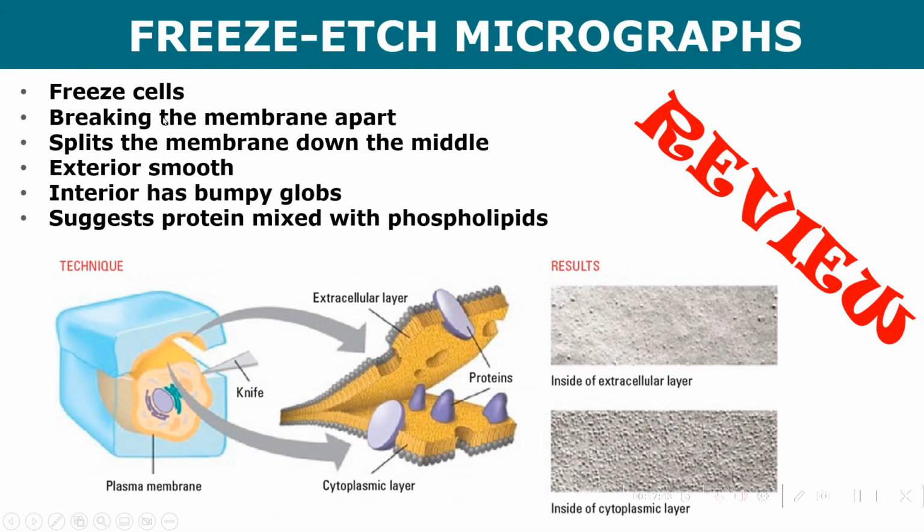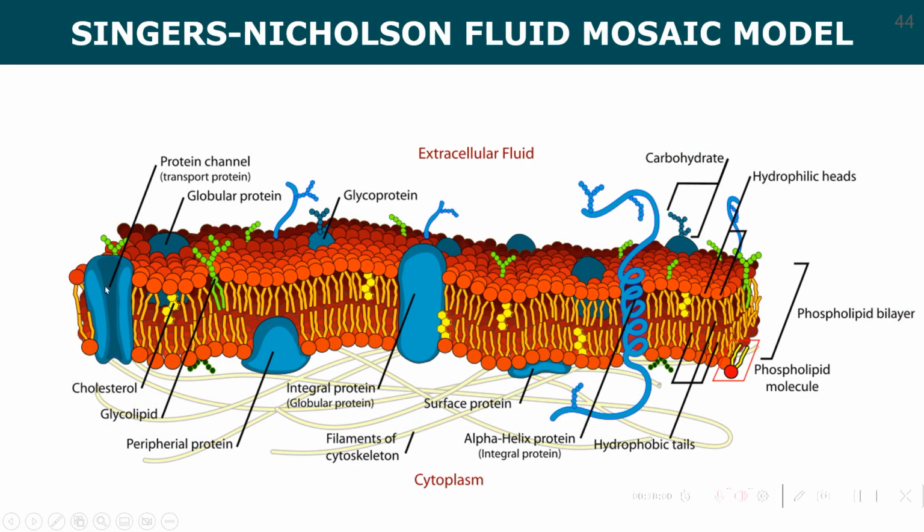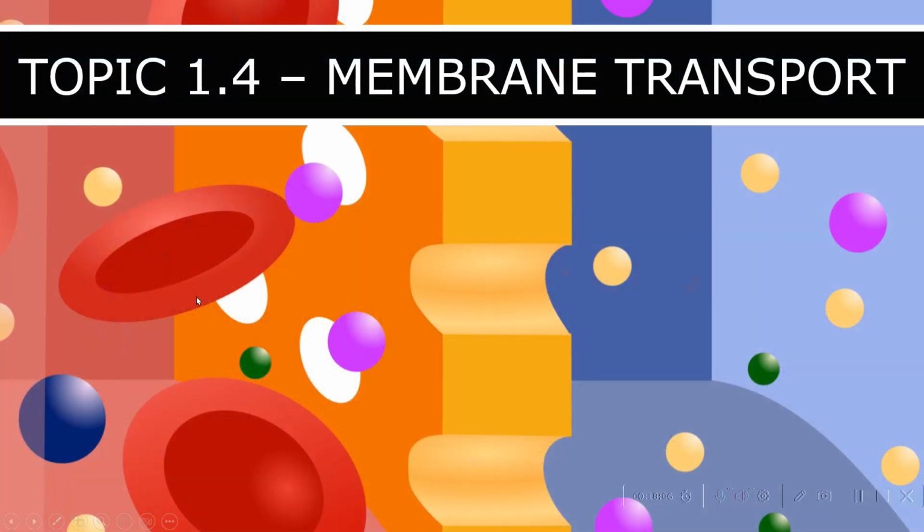But this was disproved through the freeze fracture micrographs, where they broke apart the membranes and exposed that there were proteins contained within the membrane. And so that was what led to the falsification of the Davson-Danielli model. So now we have the Singer-Nicolson fluid mosaic model, and that's the one that you draw today.